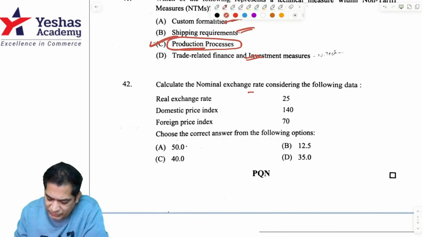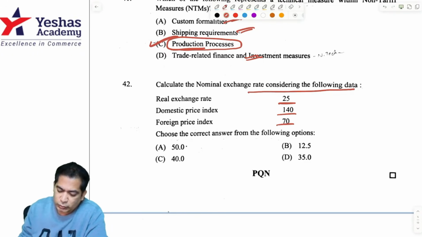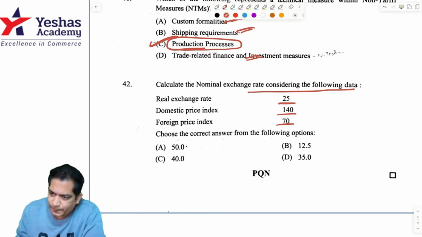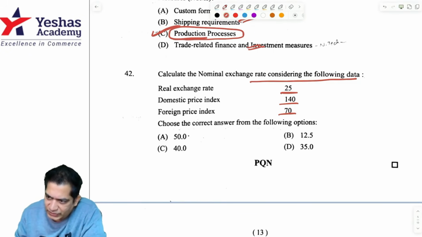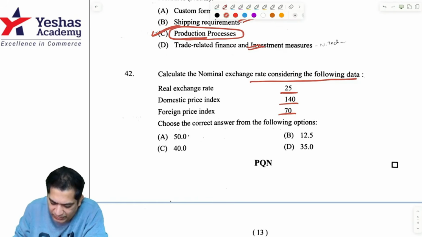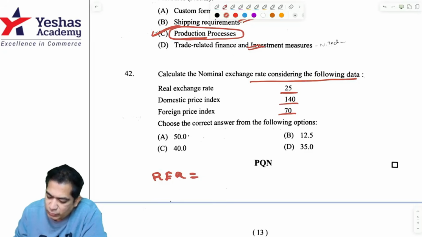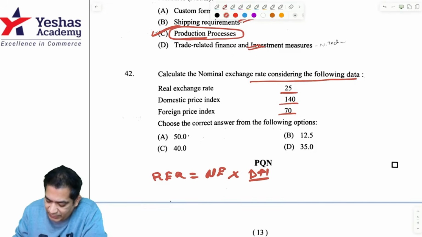Calculate nominal exchange rates considering the following data. Real exchange rate they've given 25, domestic price index and foreign price index they've given. So what was the formula to calculate real exchange rate? We know that real exchange rate, RER, is equal to nominal exchange rate into domestic price index divided by foreign price index.